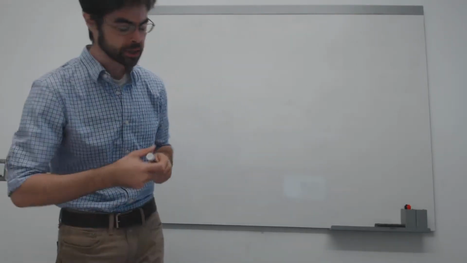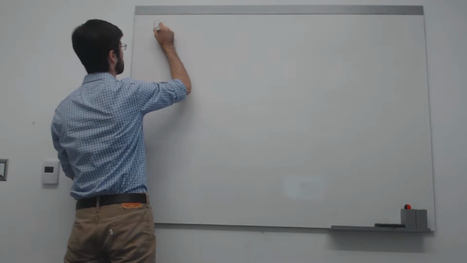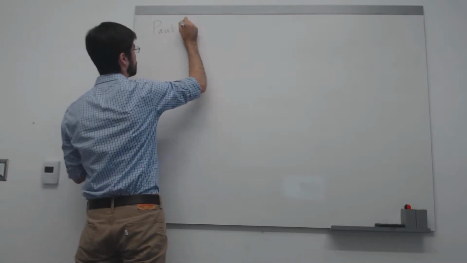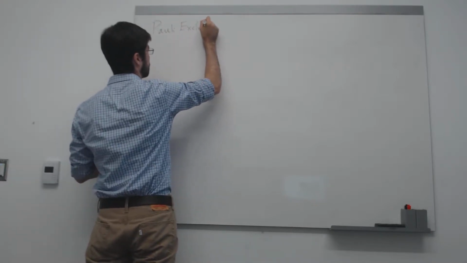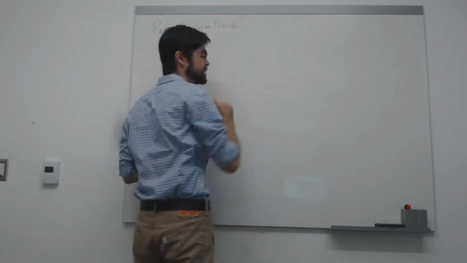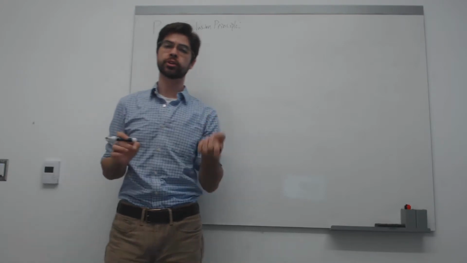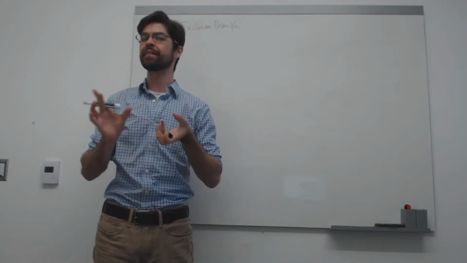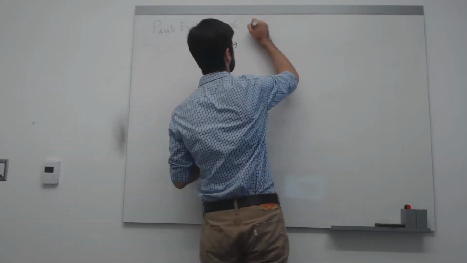Now, what does that have to do with electron configurations? That is where we apply the Pauli exclusion principle. The Pauli exclusion principle states that if you have 2 electrons in an atom, they have to have different quantum numbers.